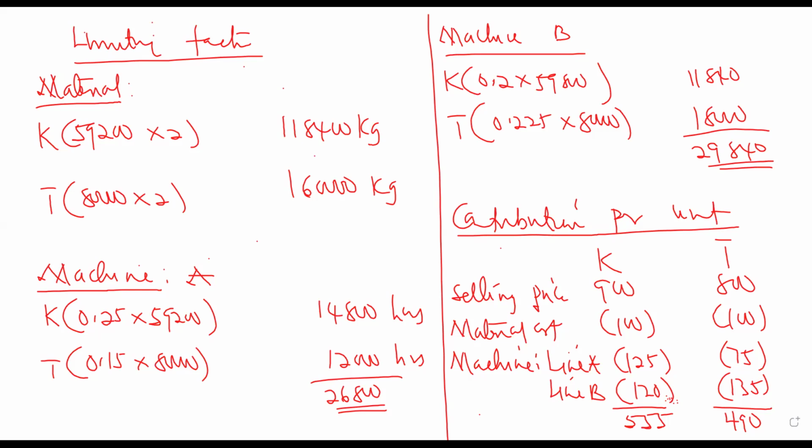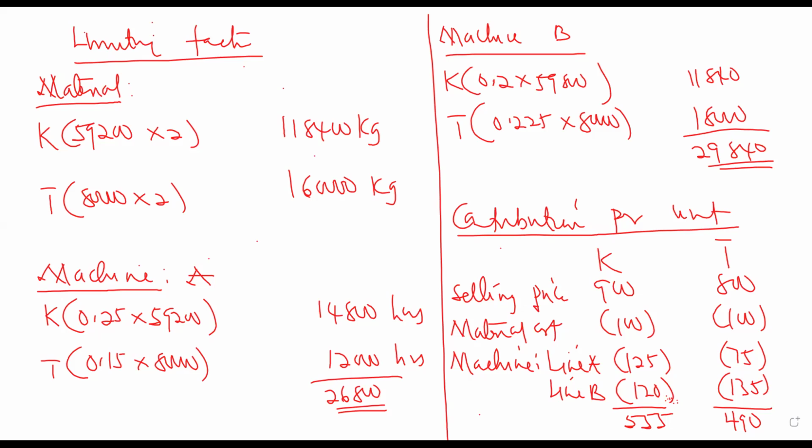Then for the machine, the variable machine overhead for product line A and line B is estimated at 500 and 600 per machine hour.